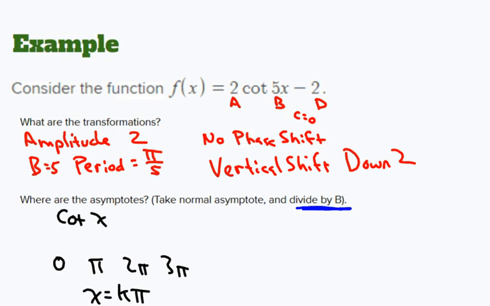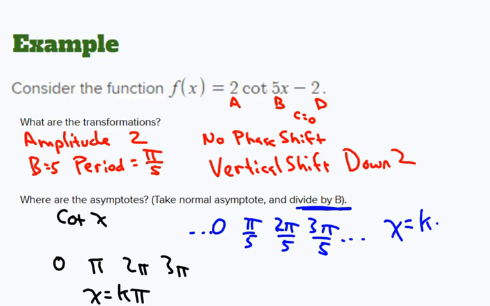So we're going to have 0, pi over 5, 2 pi over 5, 3 pi over 5. And go on backwards as well, just like this one was. So when I write that equation, it's x equals k times pi over 5. That's going to be my asymptotes. All the asymptotes will be represented by x equals k times pi over 5. And look, I think, okay.